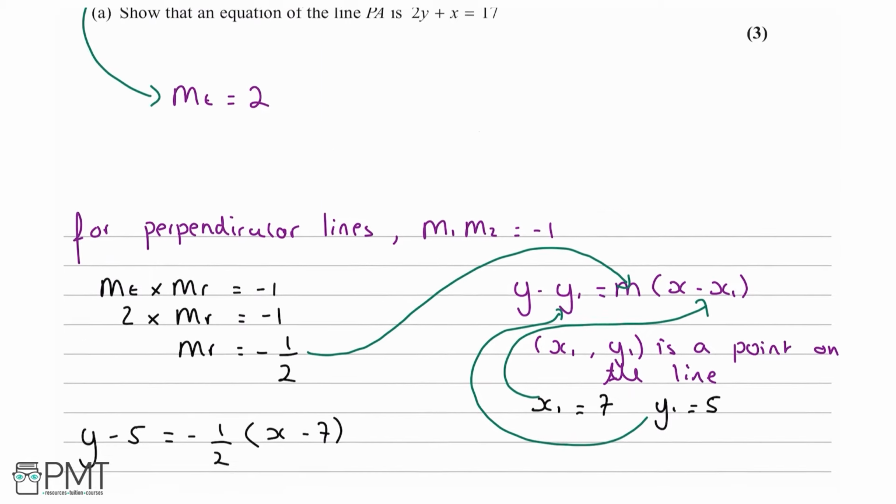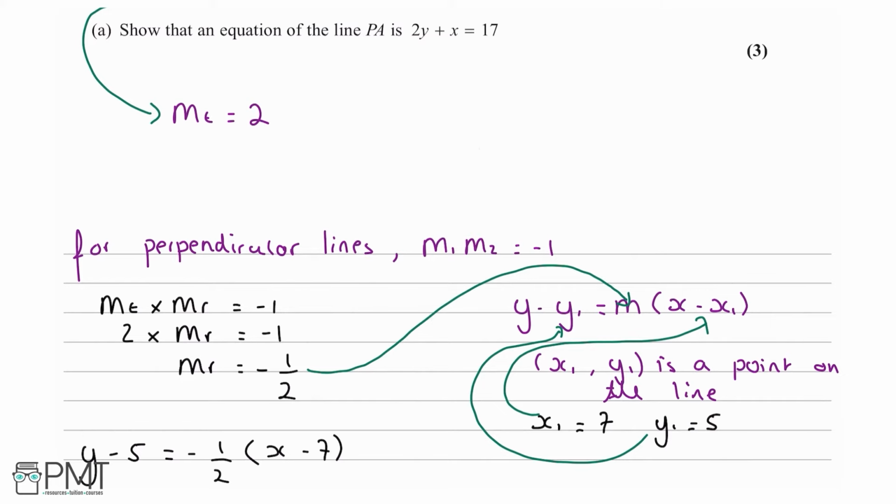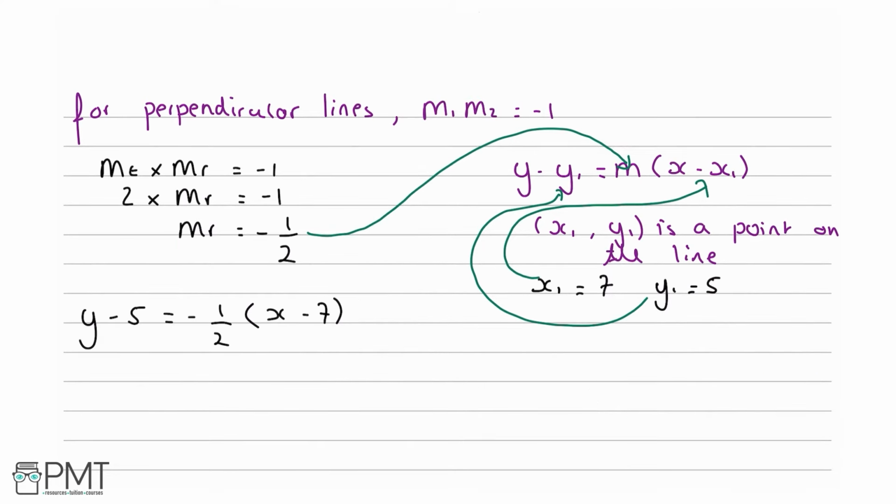Now remember, we need to give it as a specific form, so we need to do some rearranging. I'm going to multiply both sides by 2 first to get rid of this -1/2 here. So y minus 5 times 2 is going to become 2y minus 10 equals minus, and then brackets, x minus 7. Remember to keep your minus on the outside because we haven't gotten rid of it yet. Let's expand these brackets.